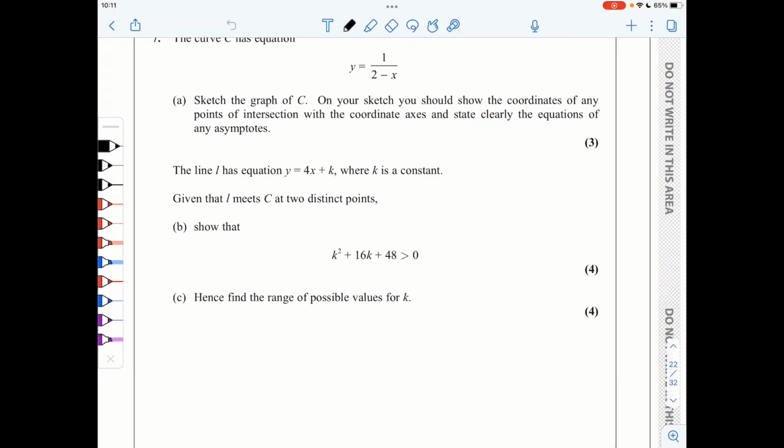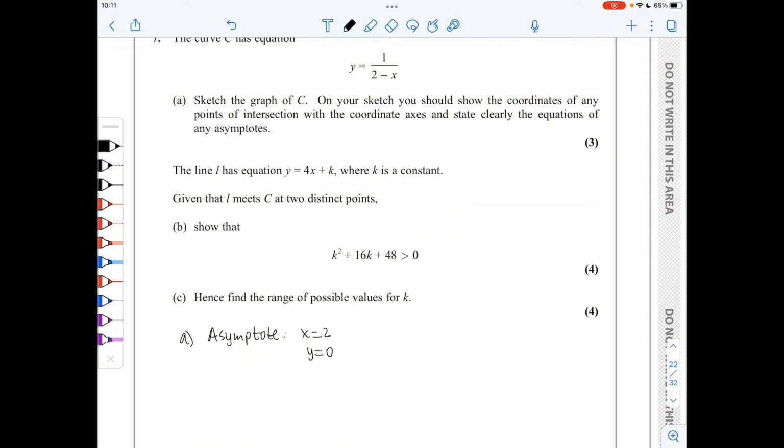So the first thing we notice is that when 2 minus x is 0, we've got division by 0, which means that we've got an asymptote. So we've got an asymptote at x is 2. We also have an asymptote at y is 0. The x-axis is an asymptote as well.